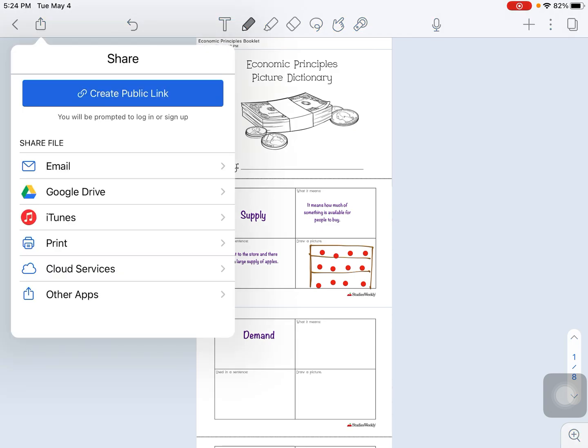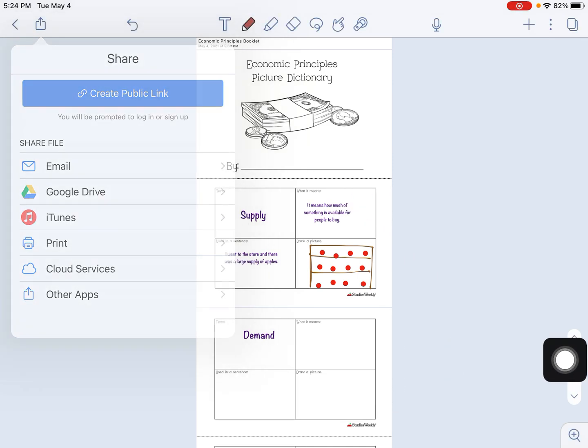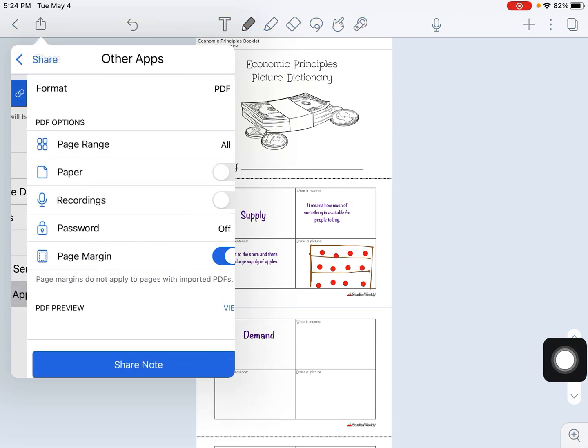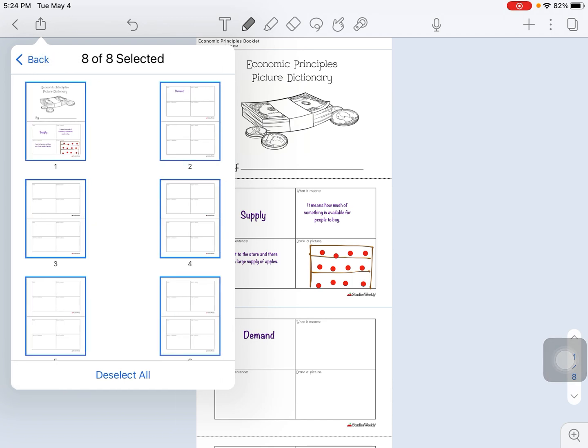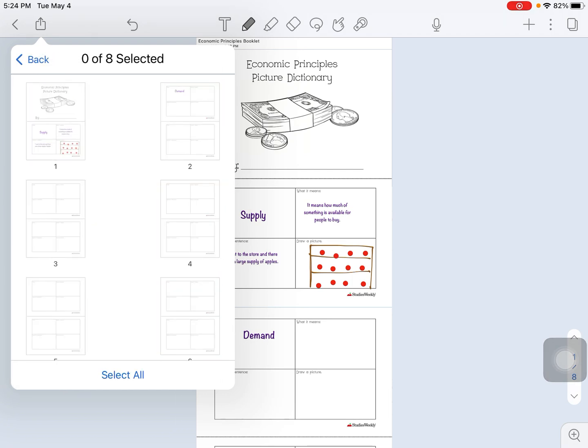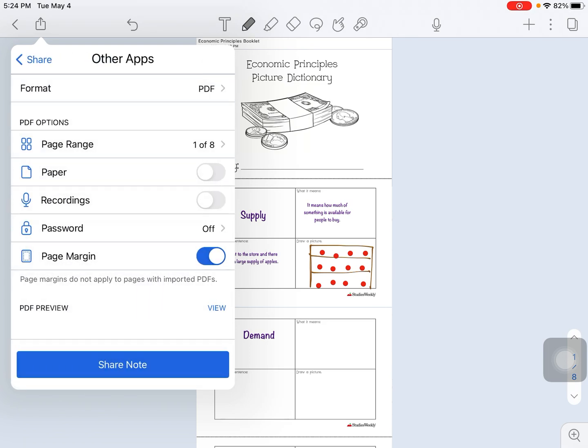So I would just upload it, and your teachers are only going to look over your first two pages. And you can actually change the page range too if you would like. So if you deselect all and just click that first page, your teacher will just get that first page. That's an option for you as well.